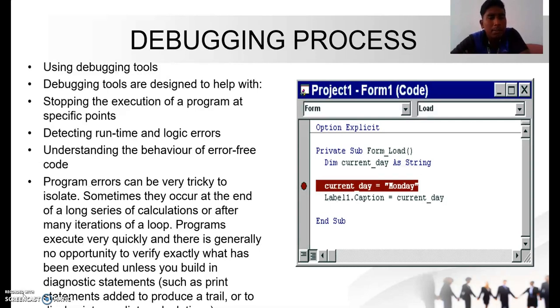Program errors can be very tricky to isolate, and sometimes they occur at the end of a long series of calculations or after many iterations of a loop. Programs execute very quickly and there is generally no opportunity to verify exactly what has been executed unless you build in diagnostic statements. This is an example of the debugging process in coding.